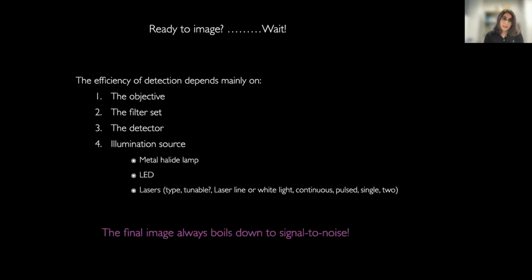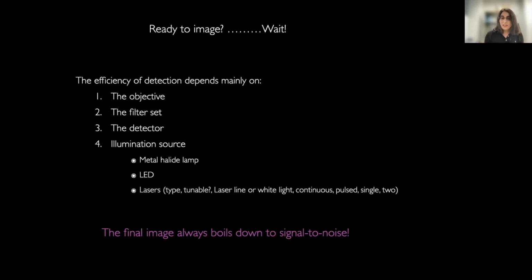One last thing that we need to consider is the illumination source. You would want to put this in the beginning, but here we are, it's here at the end. So the illumination source for fluorescence imaging could be a mercury lamp. I wouldn't like to stress it, but mercury lamp.